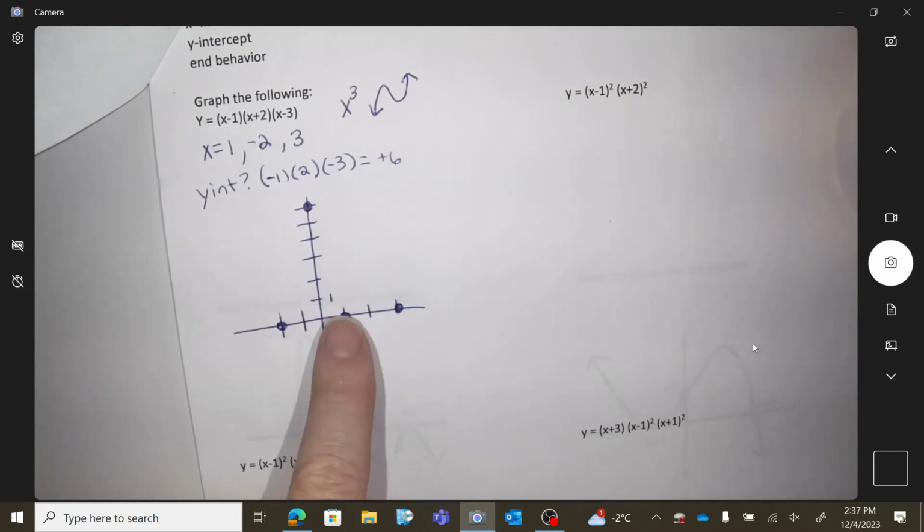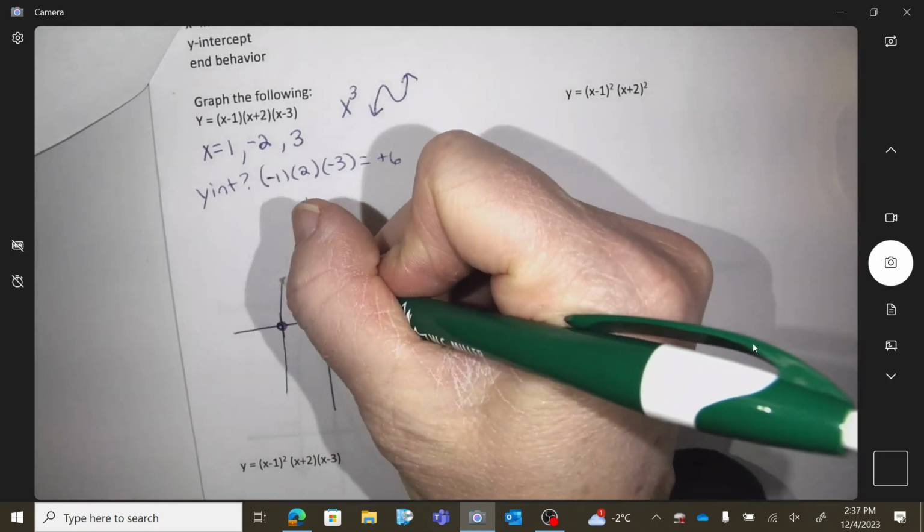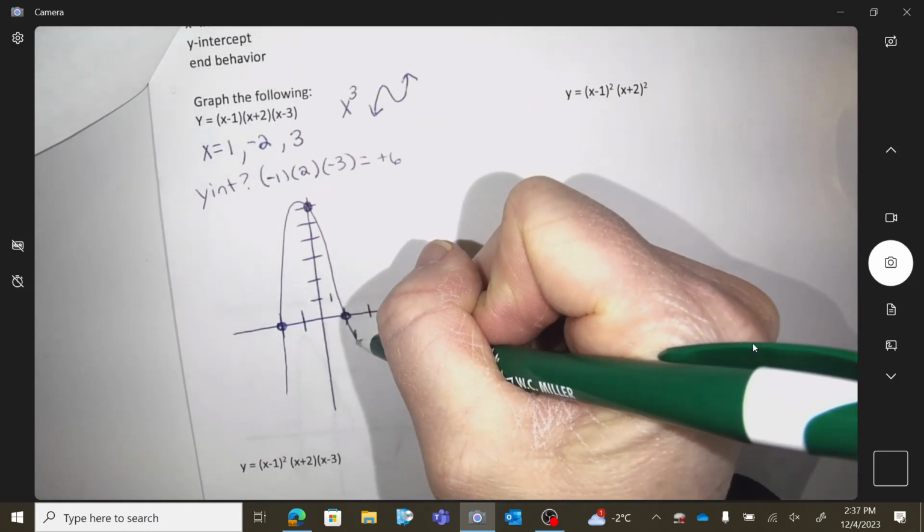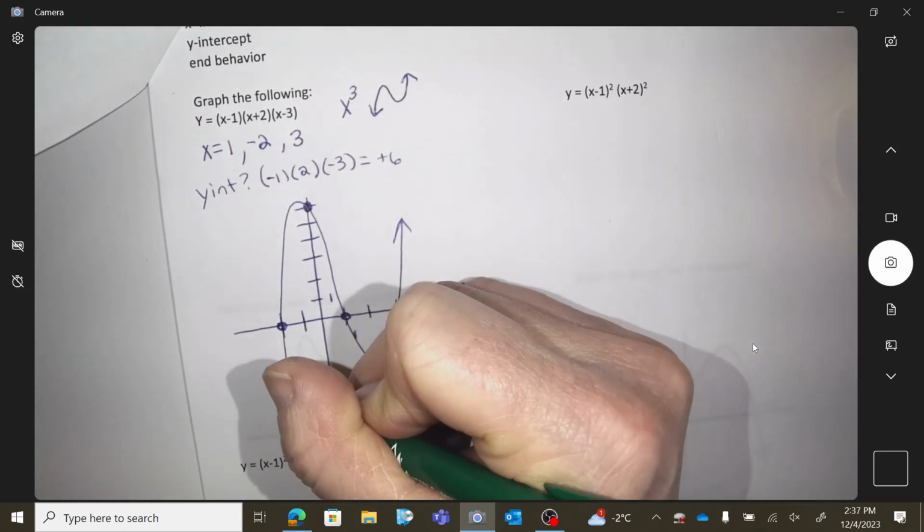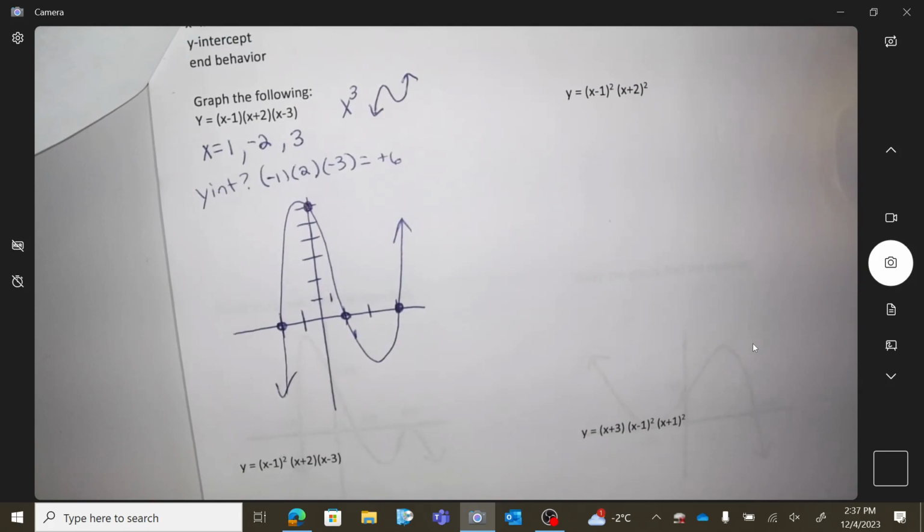Okay, so you can see my 3 x-intercepts and my y-intercept. And I have to draw an N through all those points. And that's it.